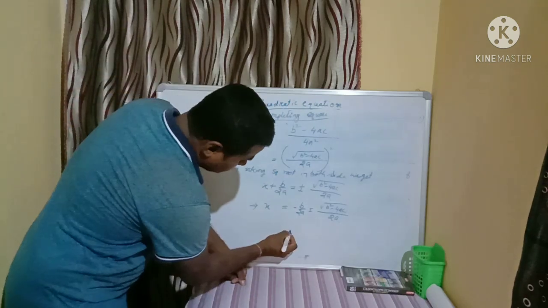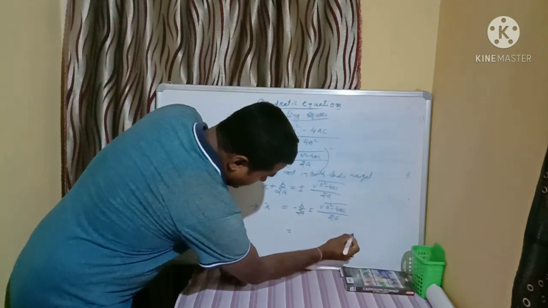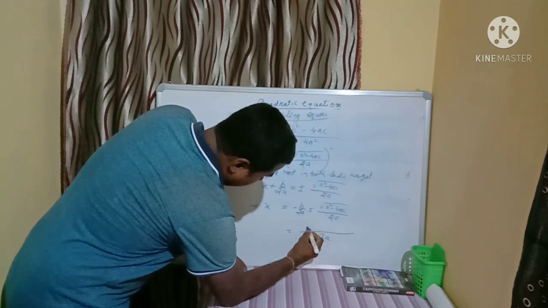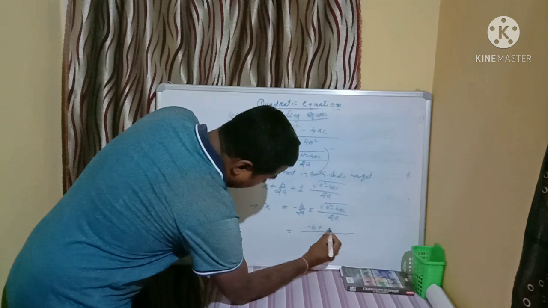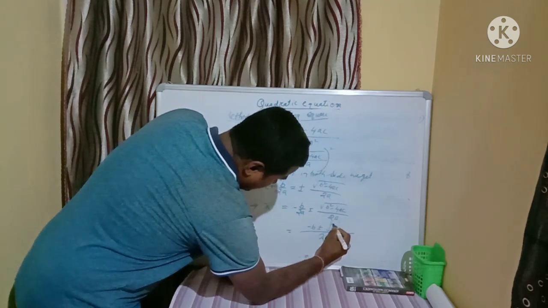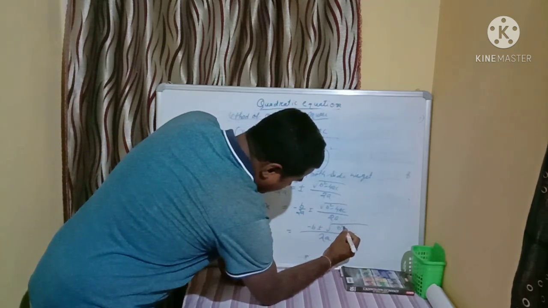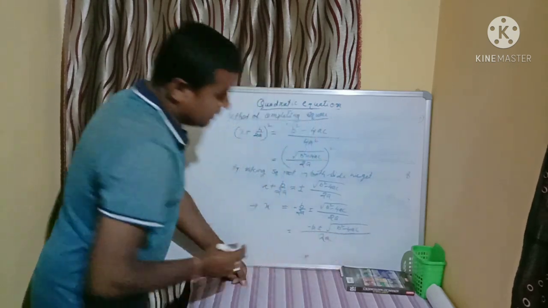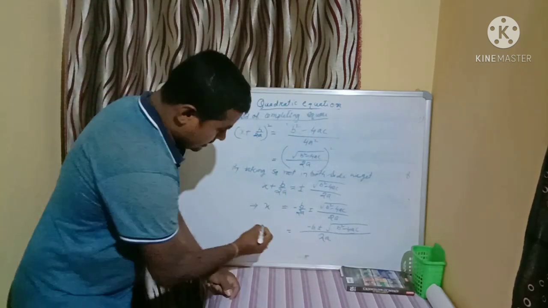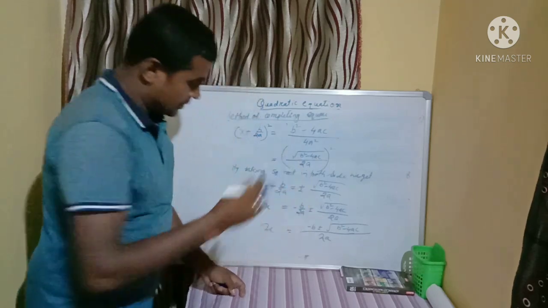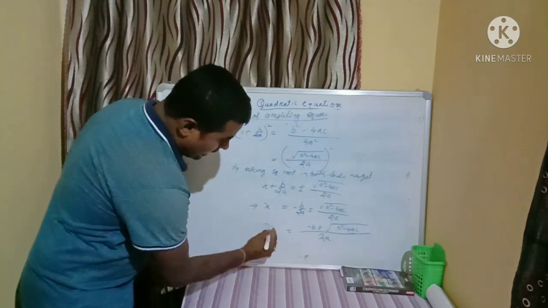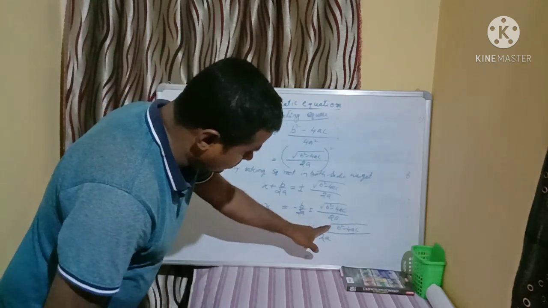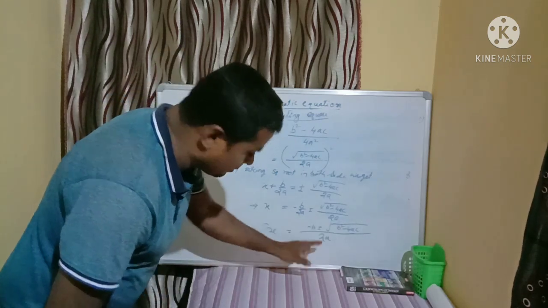Okay, then taking LCM, minus b plus minus square root b square minus 4ac divided by twice a. This is x.